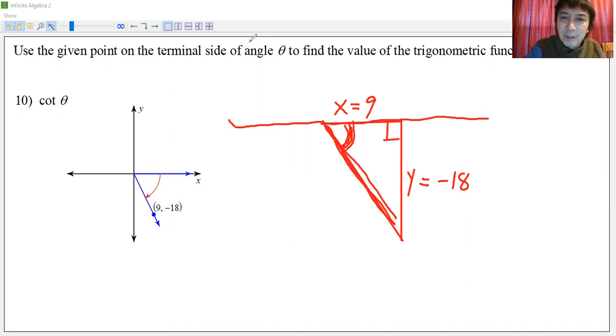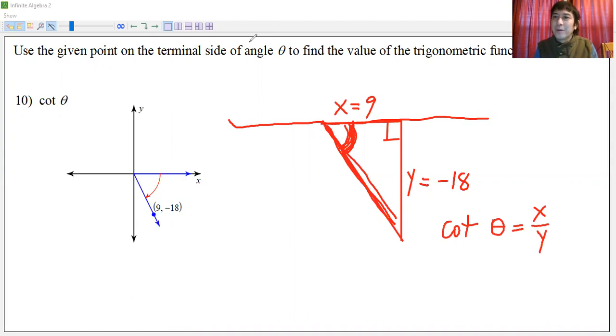Where's that angle? It's this angle here. And so if we're after cotangent of theta, it will have to be adjacent divided by the opposite side. Adjacent here is the x, and the y is our opposite side. So our cotangent will have to be x over y.